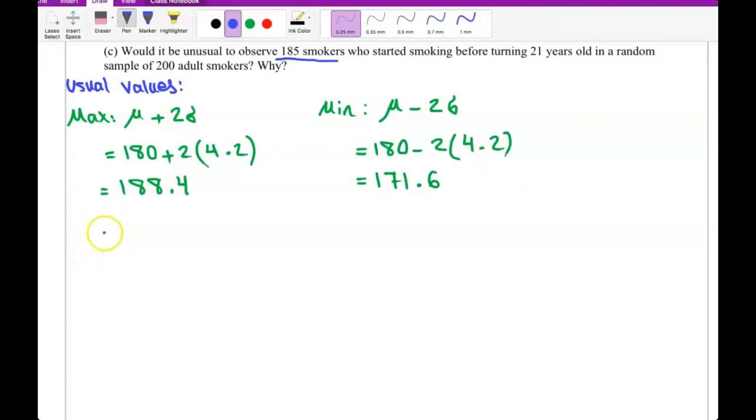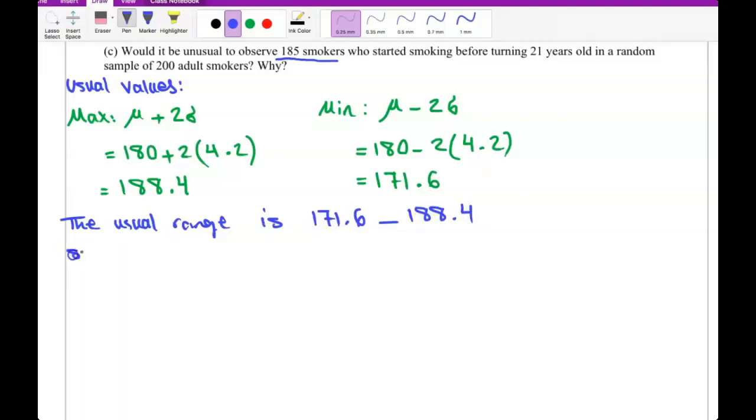Okay, now we're going to see if that is usual or not. So the usual range is from the minimum value 171.6 up to the max value 188.4.